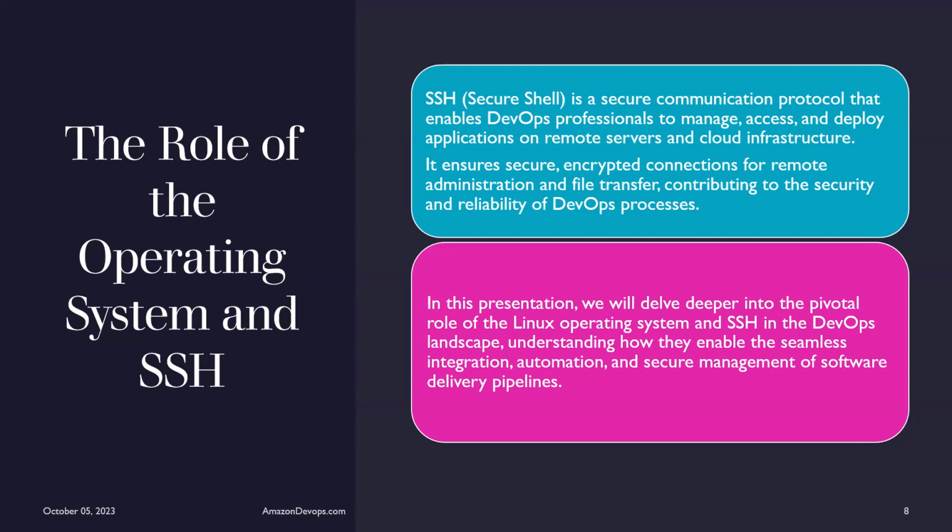You can do that, but most of the servers in companies are always going to be somewhere, mostly in the private cloud, or also in the public cloud, where they have created their own private cloud. So you need to access these servers remotely so that you can do automation and patch management, and you need to do so securely. So SSH is going to come in and help us to do that.